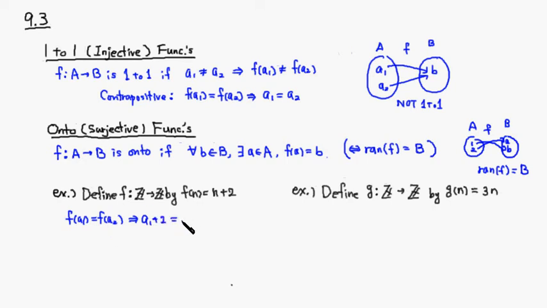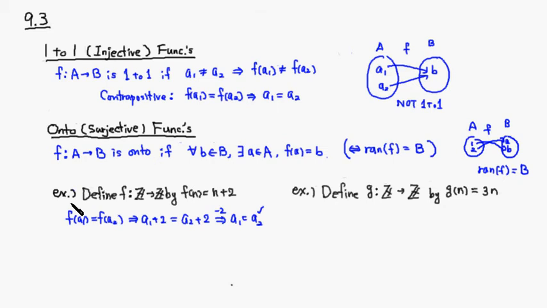If you plug in a2, you would get a2 plus 2, right? Then you can just subtract 2 from both sides to end up getting a1 equals a2, right?